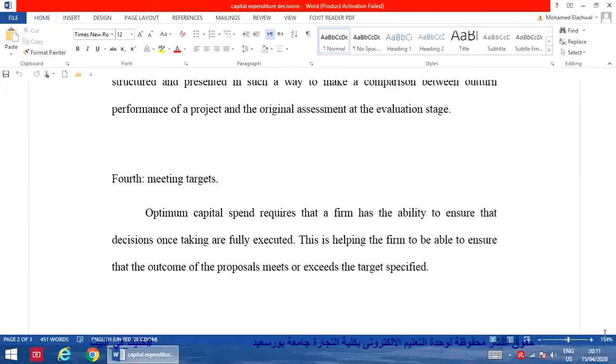Why? Because this helps the firm to be able to ensure that the outcome of the proposals meets or exceeds the target specified.